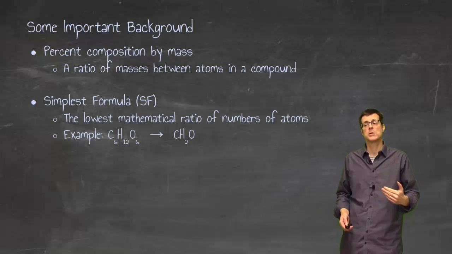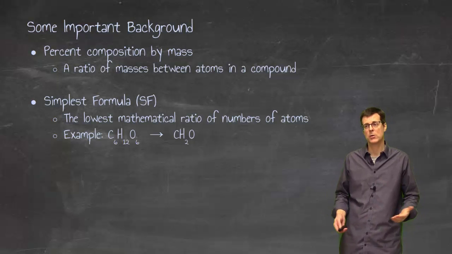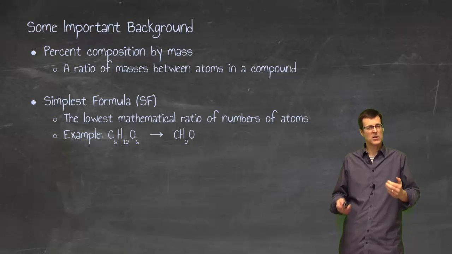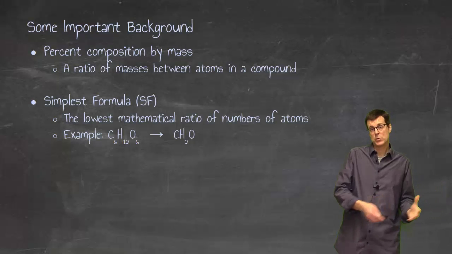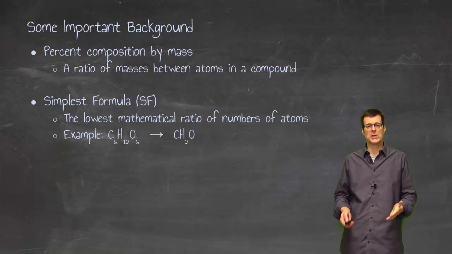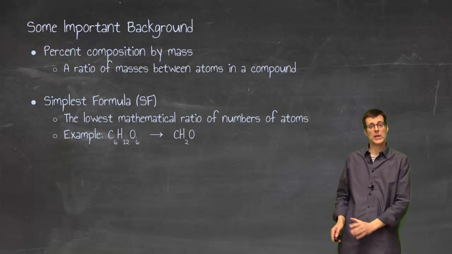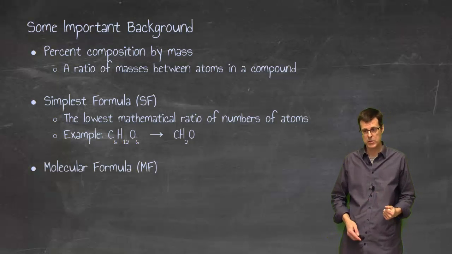It's really important to understand that the simplest formula, that mathematical lowest ratio, is not necessarily the actual formula. Just because it might reduce to something else does not mean the actual formula is in any way related to the simplest formula other than that mathematical relationship.